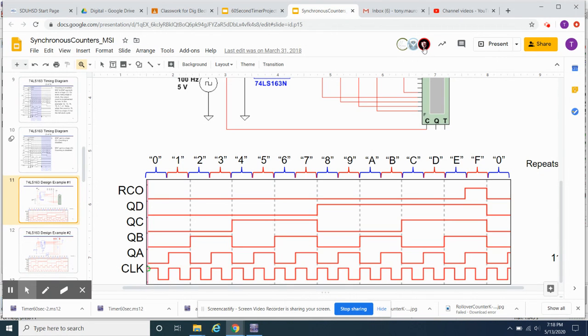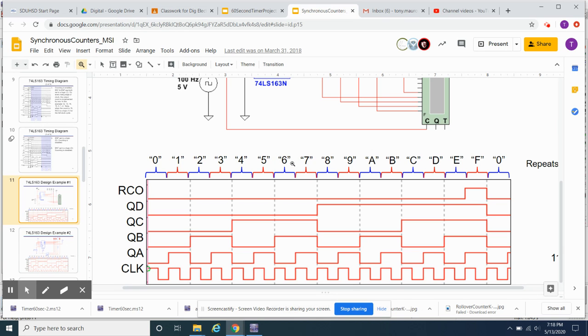So, for example, if we wanted to divide by, say, 5, I would take this F and go back 5 from here, right? So 1, 2, 3, 4, 5. And that's the thing I would want to load. So if I wanted to divide by 10, what I need to do is go back 10. So if I go 1, 2, 3, 4, 5, 6, 7, 8, 9, and 10, I'm at the 6, right?